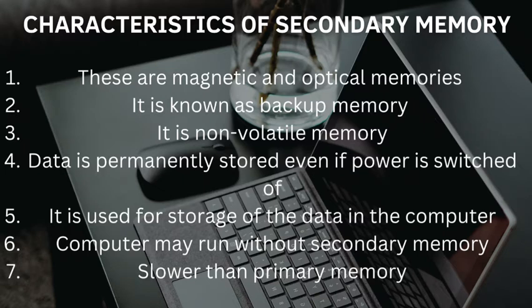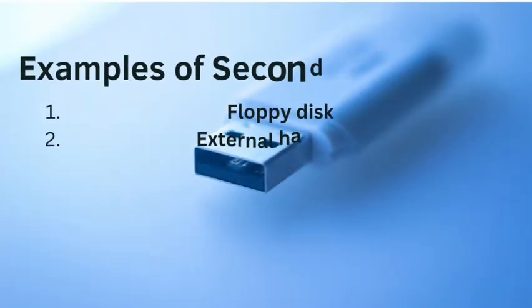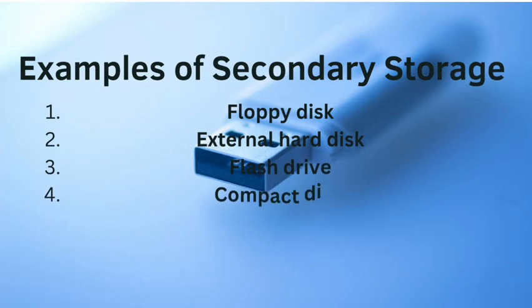Like I said earlier, it is non-volatile in nature, meaning the data lasts permanently there. Data is permanently stored even if the power is switched off. It is used for storage of data in the computer.